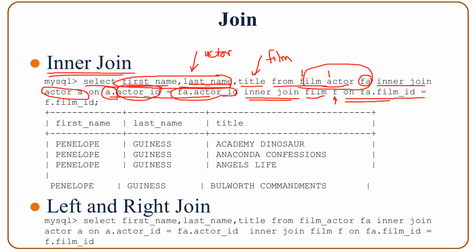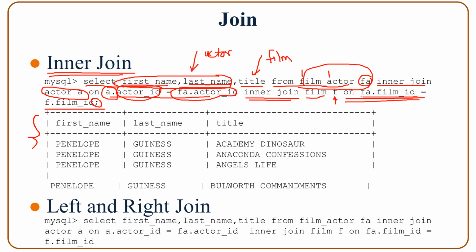So you type it in, and of course at the end you need the semicolon, enter. Then what you have is actually a very long list of actors with the first name, last name, and the movies that they contribute.